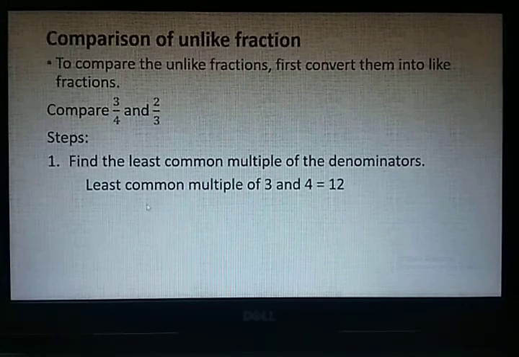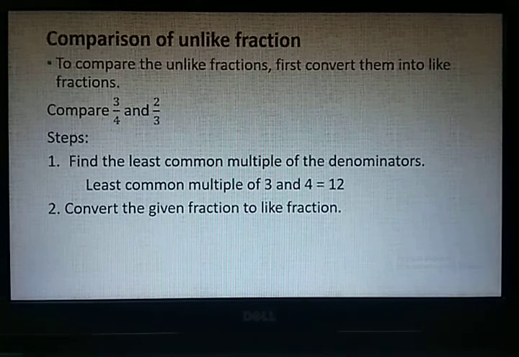If you find the first common multiple, it will be 12. And convert the given fractions to like fractions. Now you can make the denominator the same, means you can write 12 in place of 3 and 4 both, because if you multiply 3 by 4 you will get 12, and if you multiply 4 by 3 you will get 12. So just do it.